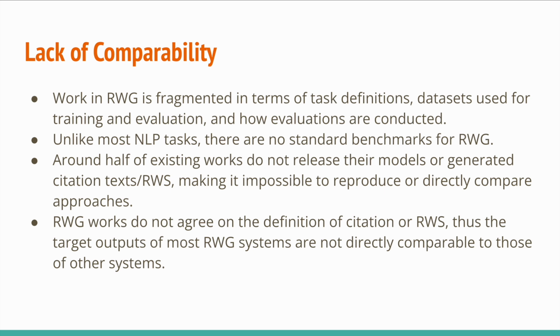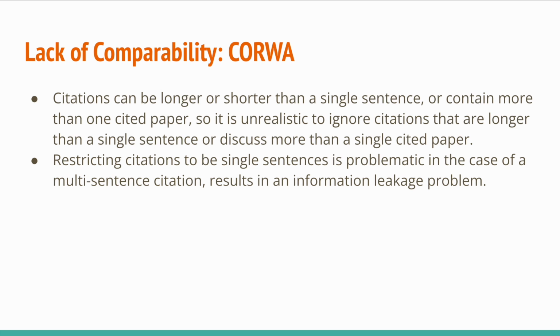Furthermore, related work generation works do not agree on the definition of citation or related work section. Thus, the target outputs of most related work generation systems are not directly comparable to those of other systems. As we pointed out in our previous work, citations can be longer or shorter than a single sentence, or contain more than one cited paper, so it is unrealistic to ignore citations that are longer than a single sentence or discuss more than a single cited paper.